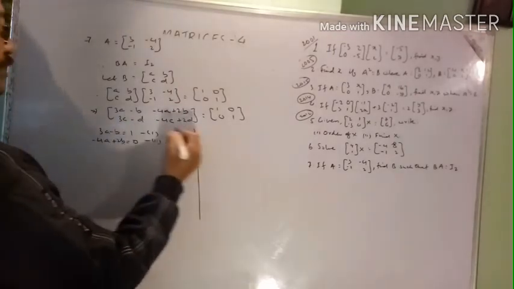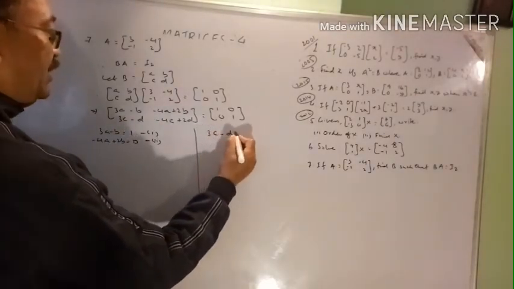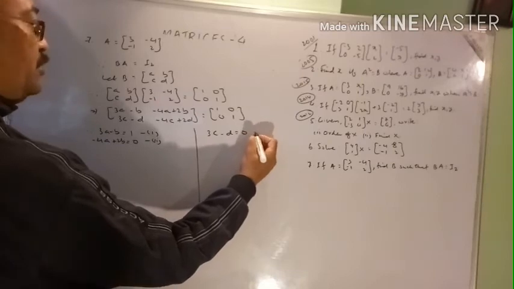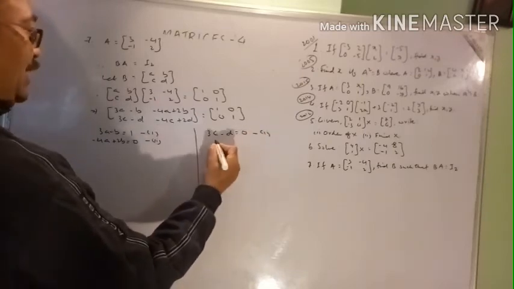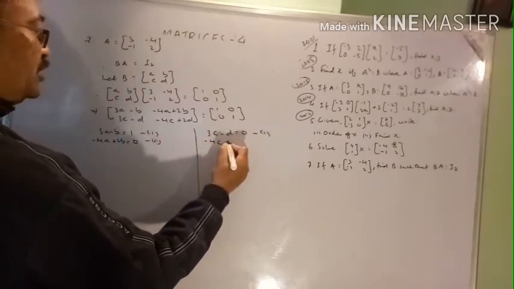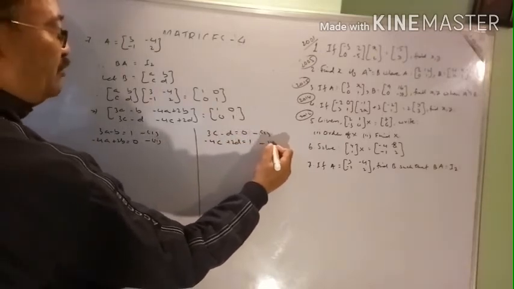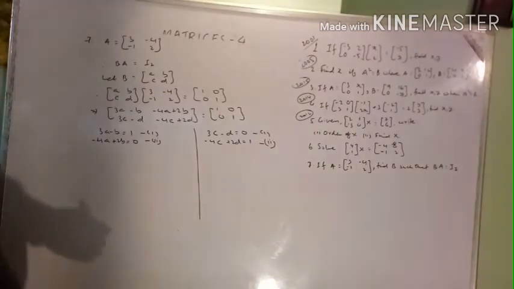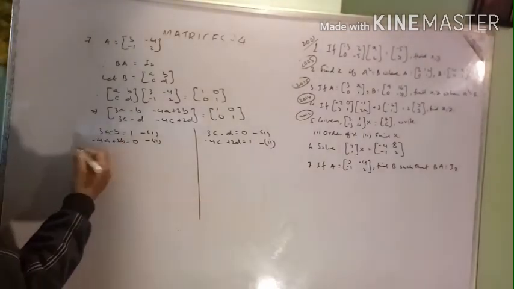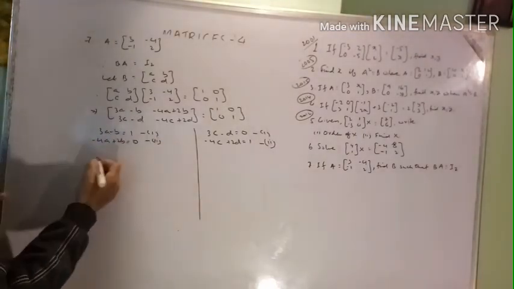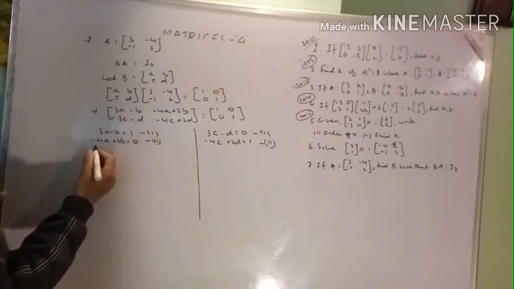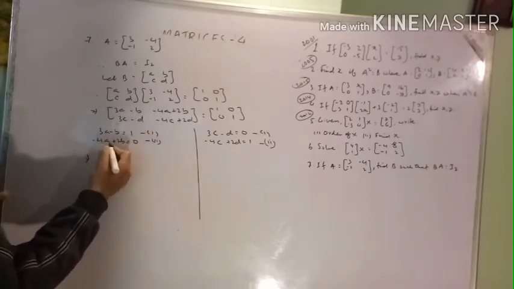Okay, now here 3C minus D equal to 0, equation 3, and -4C plus 2D equal to 1, equation number 4. Okay, so we can take common here 2 and cancel it out. So take common, divide the second equation by 2.